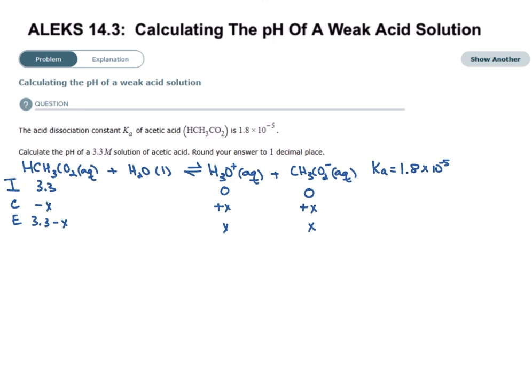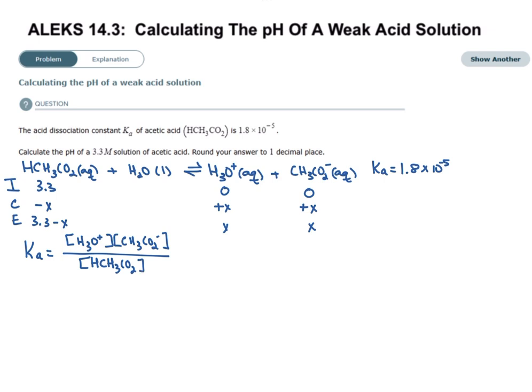And I'm going to set up my Ka expression, which is equal to the concentration of H3O+ times the concentration of the acetate over the concentration of the acid.